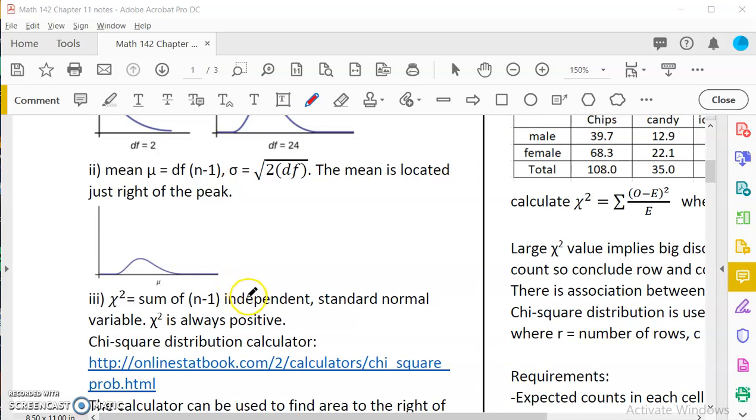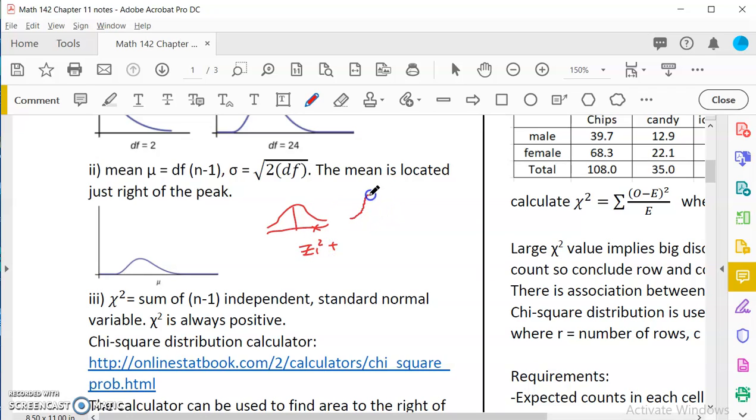So how do you calculate chi-square? Where does chi-square show up? Chi-square is the sum of squares of n minus 1 independent standard normal variables. If you have a standard normal z, you randomly pick a z, say 1.1, and then you square it.